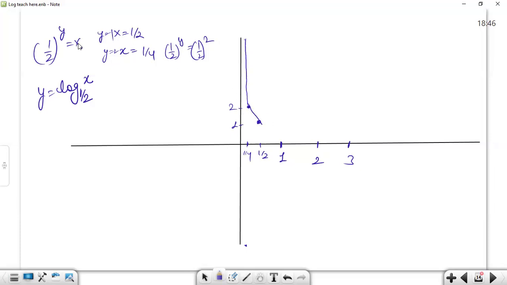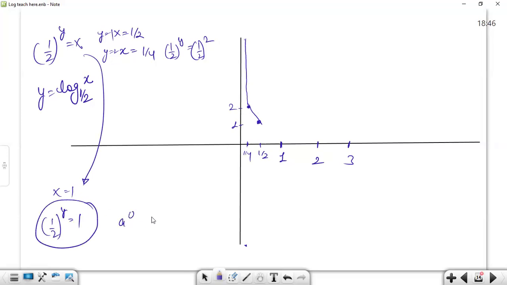For x equal to 1, half raised to power y is equal to 1. Anything, a raised to power 0, is 1. So similarly, half raised to power 0 is 1. Right? Now y is what?